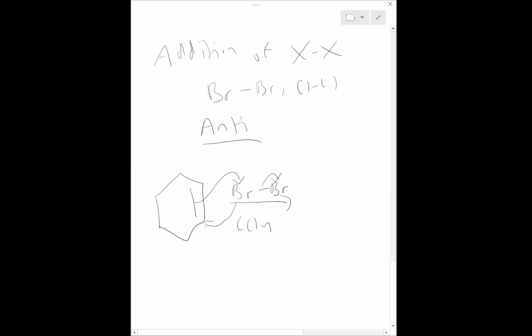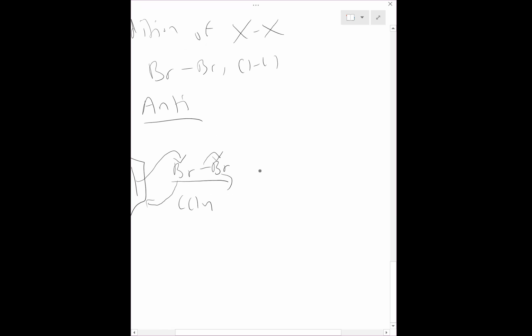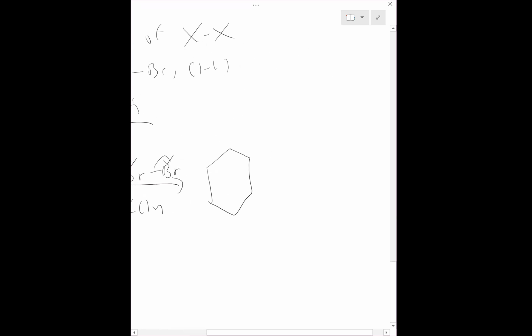So bear with me here. This is going to give you what's called a bromonium ion, which looks like this. Because Br now has two bonds, it only likes one, this has a plus.